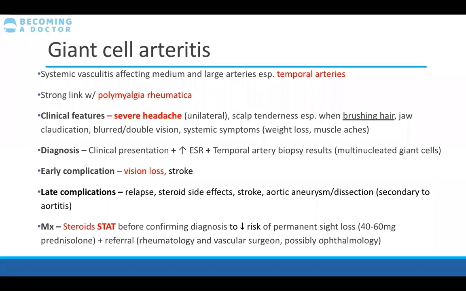So your initial dose will be about 40 to 60 milligrams of prednisolone, and then you want to refer them further. You want to refer them to rheumatology if it does end up being GCA, vascular surgeons because you want to get a biopsy and confirm your diagnosis, possibly ophthalmology. It depends. If they are presenting with blurred or double vision or any other visual problems, then you will consider ophthalmology as well.